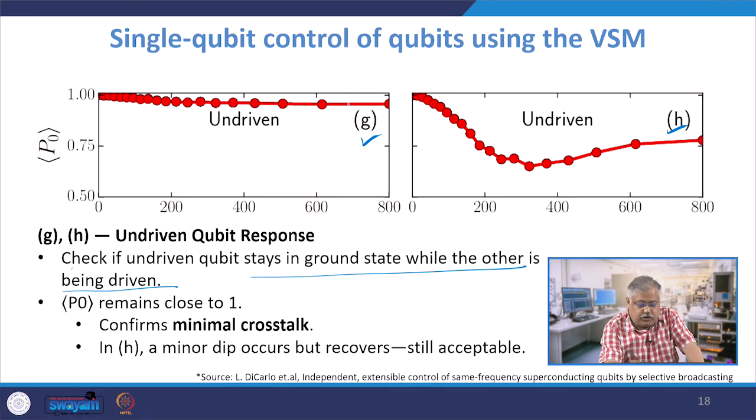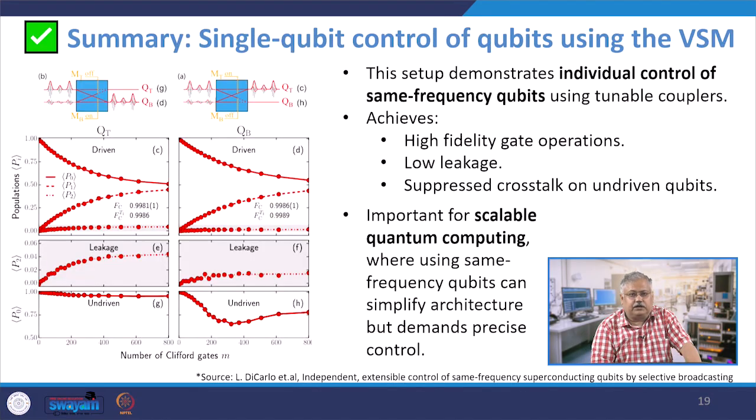You see this P0 remains close to 1, and therefore there is minimal crosstalk, which means I am not interfering with the other qubit's state. That was my initial assumption: a readout circuitry cannot interfere with nearby qubits. For the undriven leakage state, the value falls drastically with Clifford gates and remains almost stable after that, because this shows the highest fidelity for qubit control using an external logic signal.